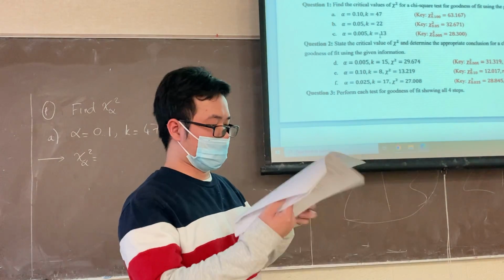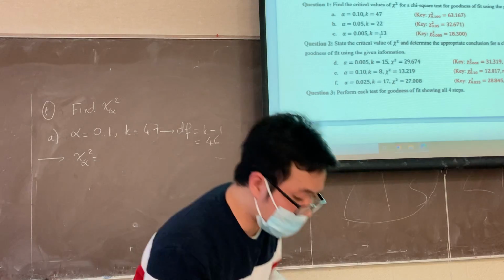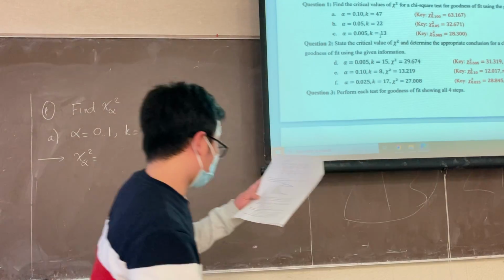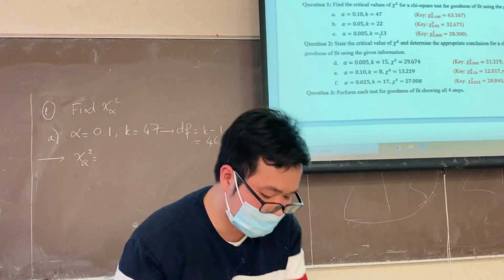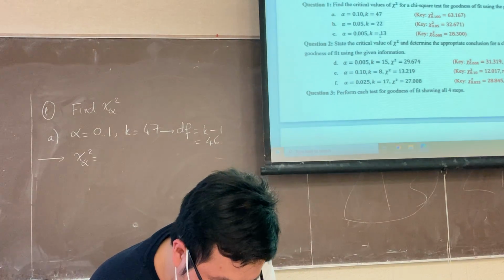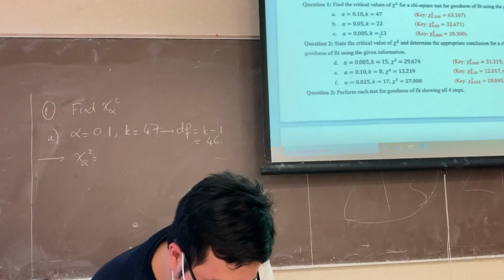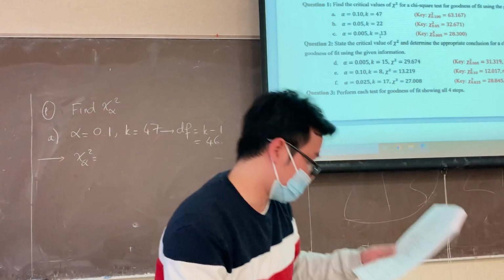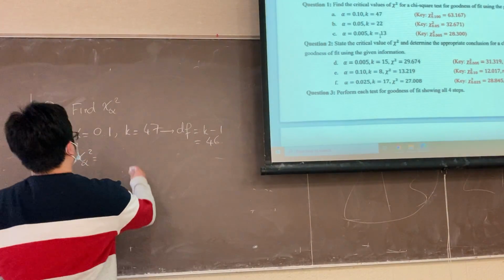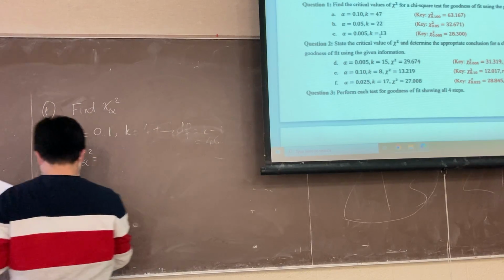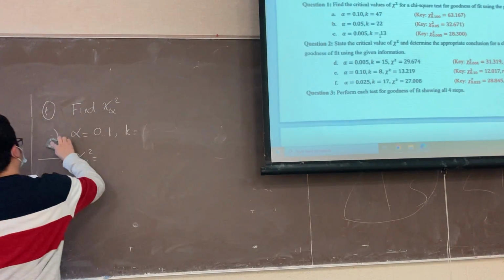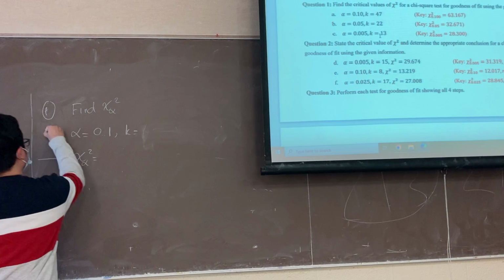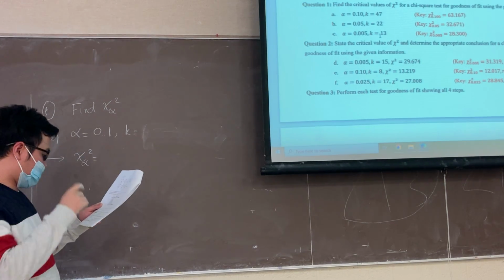It's my mistake when I wrote the exercise. Maybe my mistake when I wrote question 1 is that k is not 47, so you don't need to care about question A because it's not in the table. So we just focus on question B.